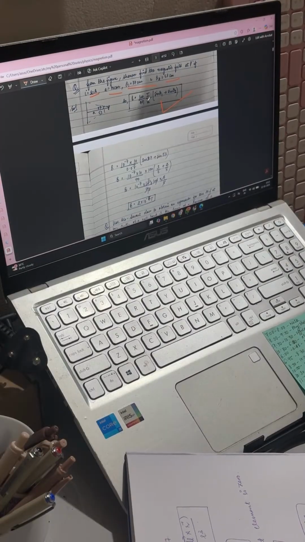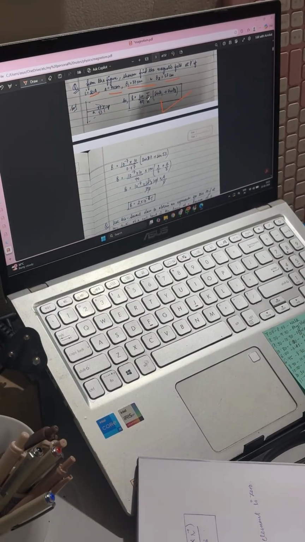There is a very common triangle where you get the values for 37 and 53. I'll share it with you guys and you can study how you get the values as 3 by 5 and 4 by 5, because of the triangle only you will get those values and you can substitute this. So sin 37 is 3 by 5 and sin 53 is 4 by 5.